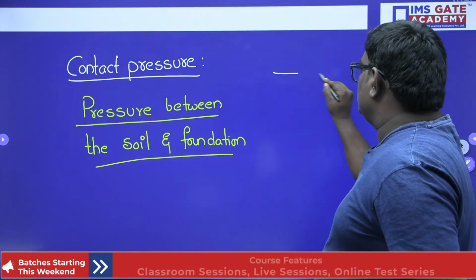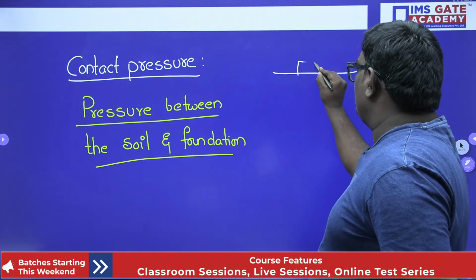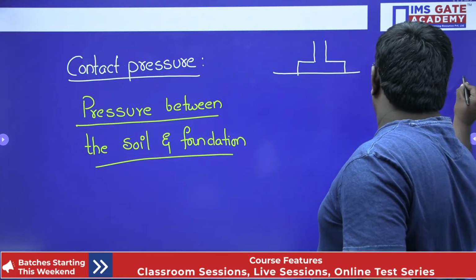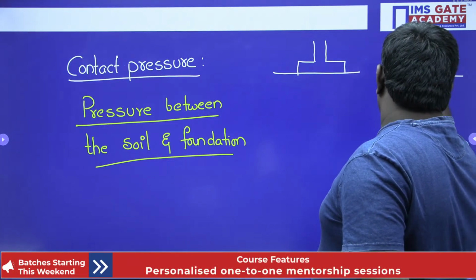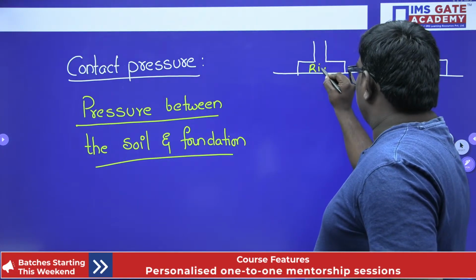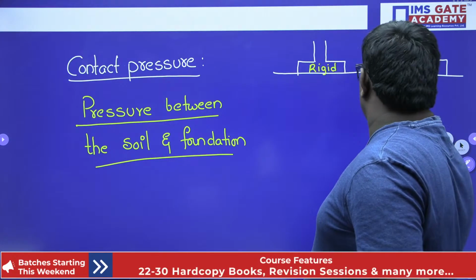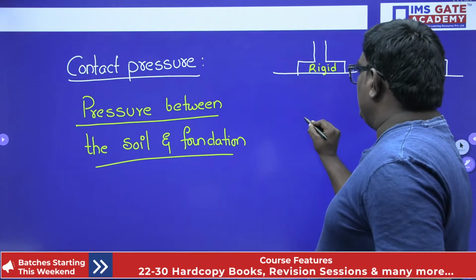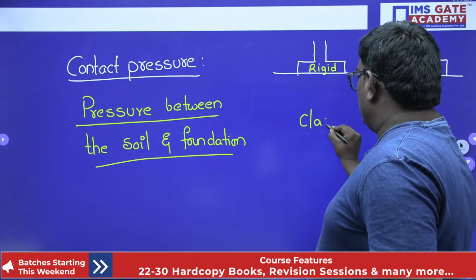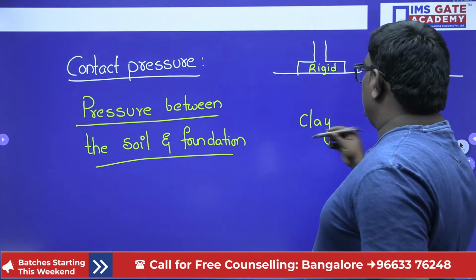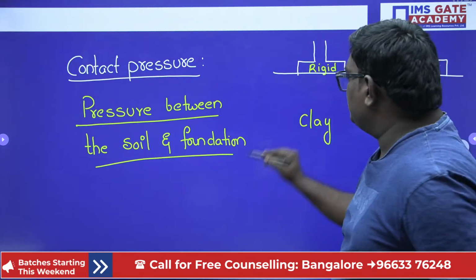Suppose, see students, I talk about a rigid footing. Now this is the rigid footing and this is also a rigid footing. And if we talk about the clay, and here we have the sand. Here if you talk about the settlement, please observe this students.